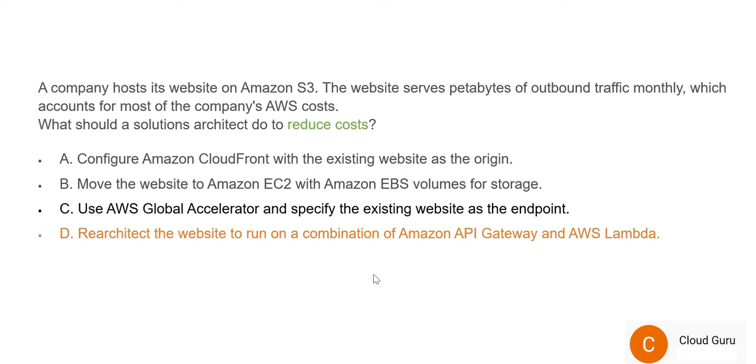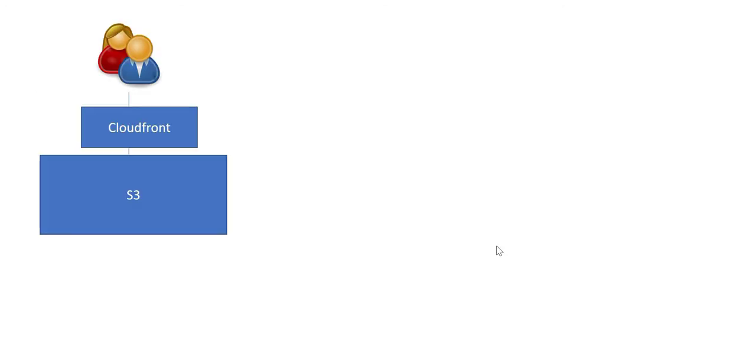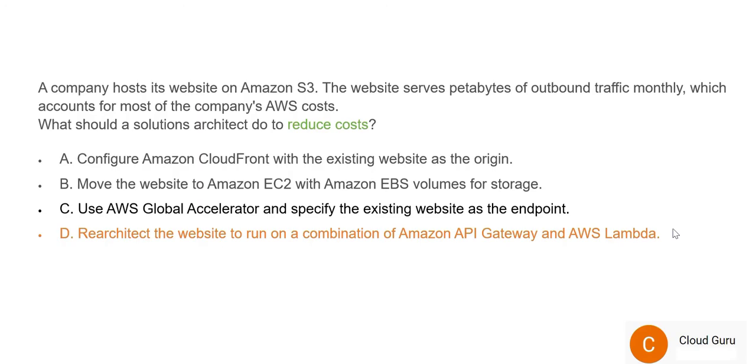Okay, so D is similar to that. Instead of reducing the cost, you're saying, boss, throw whatever you have right now. So you have these users and S3. You throw this. You redesign the entire application. You use costly components. Instead of Honda components, you go to Mercedes. And then you increase your cost. So this will not suit.